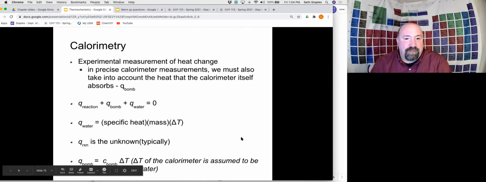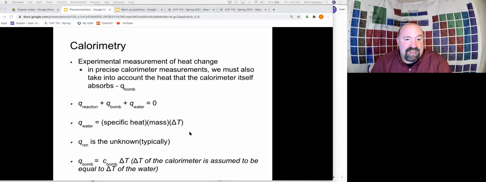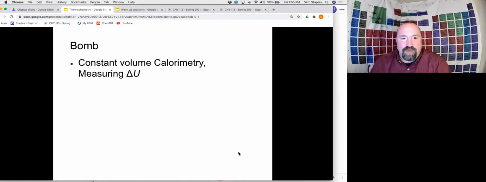How much heat does the bomb itself take in? To do that, all we do is take the C of the bomb. We would know the specific heat of the bomb itself and multiply that by our temperature change. The temperature change of that bomb calorimeter is assumed to be equal to the temperature change of the water. So let's just look at how we would do that.